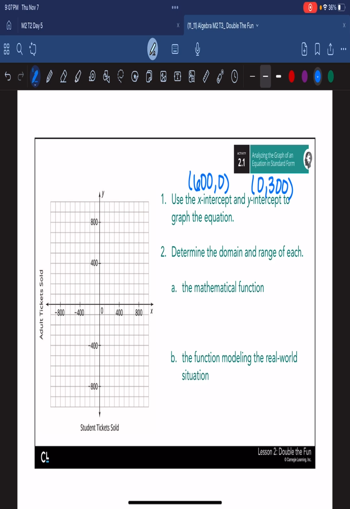Another way that you could do this is you can convert it to slope-intercept form and graph it that way as well. So if I were to graph these 2 points, my x-intercept is at (600, 0), my y-intercept is at (0, 300). So I'm going to connect these 2 points to make a line that looks like that.